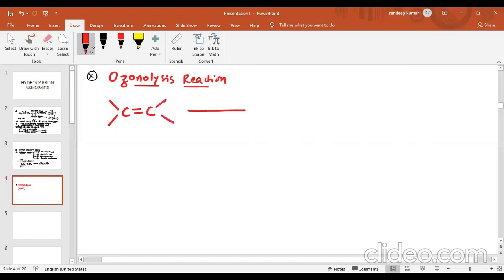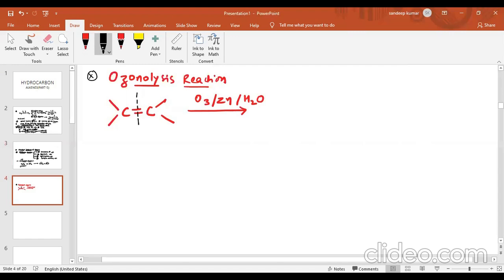When we add ozone in presence of zinc, and hydrolysis in presence of H2O, the bond will break in this way.